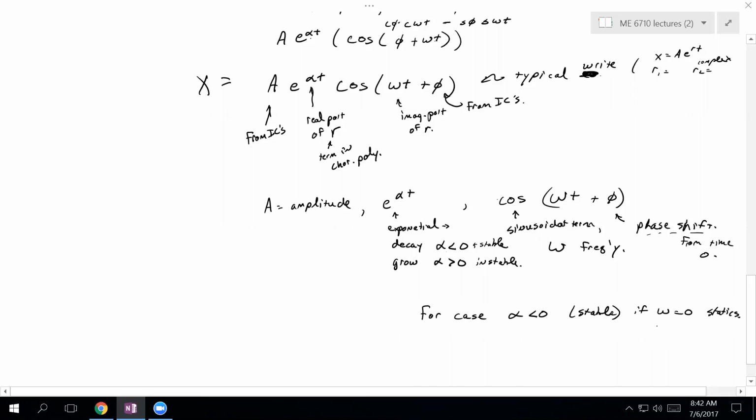If omega is not 0, then I've got oscillation. My system just oscillates, and it decays over time. So that would look something like this. So there's my omega, and here's my alpha.